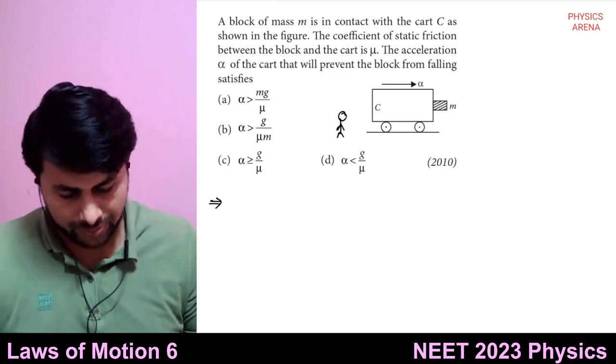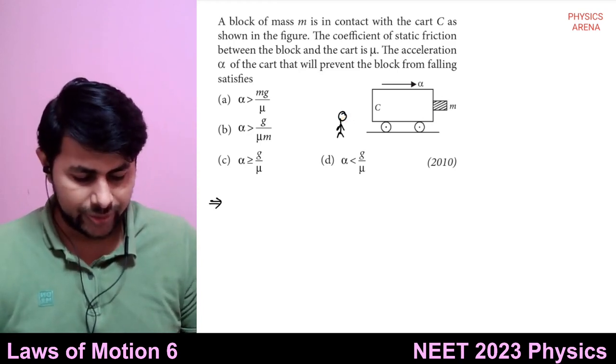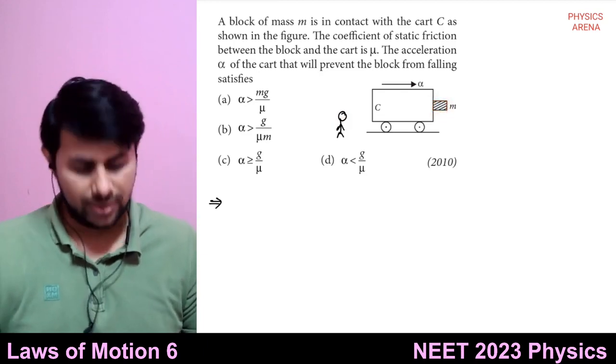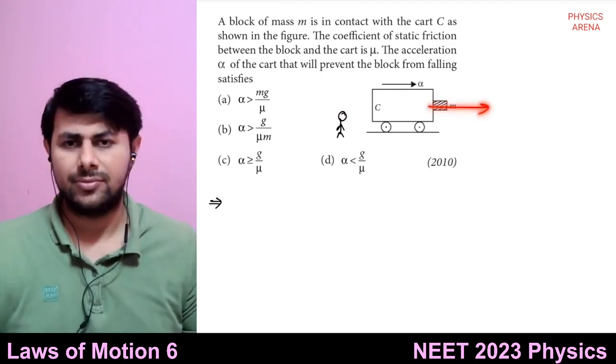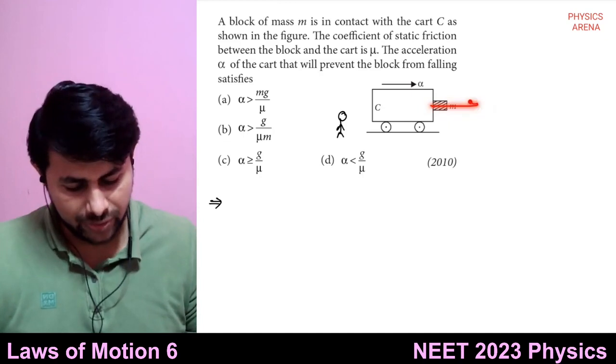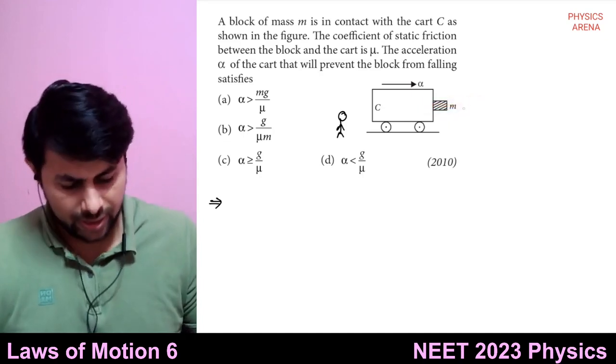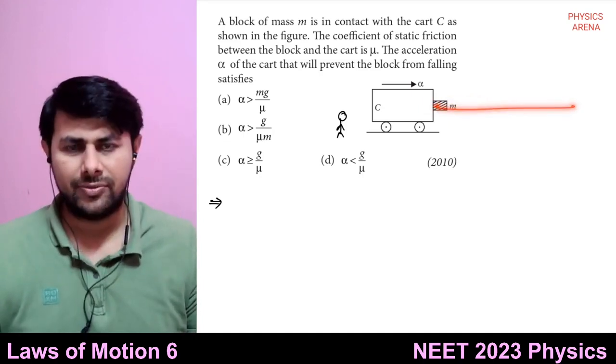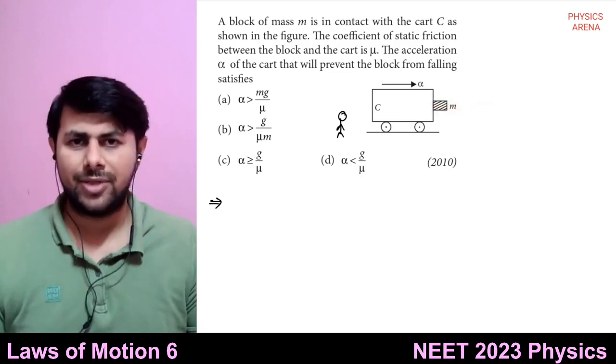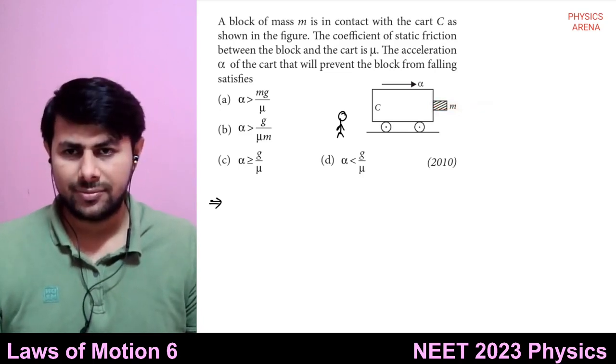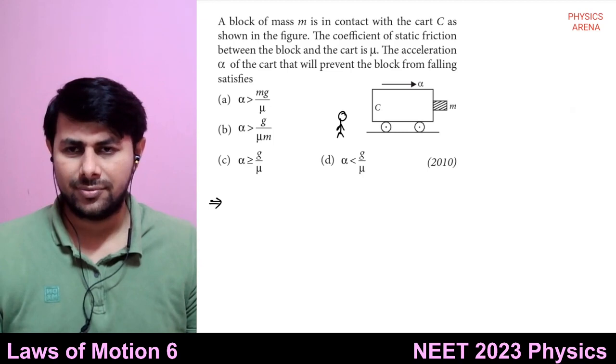So for this observer, what is the force acting on this mass? It's the normal reaction, right? And because of this normal reaction, this mass also gets accelerated with the same acceleration as that of the cart.